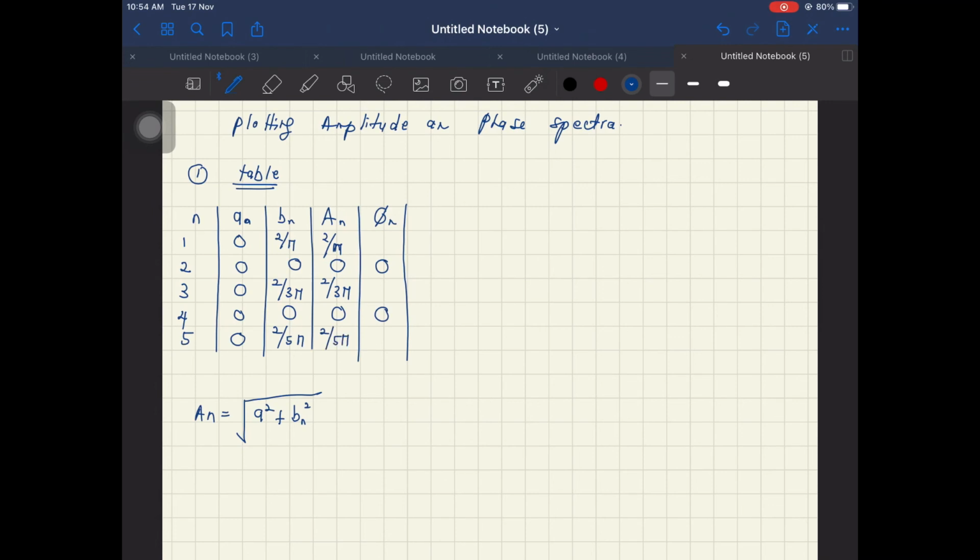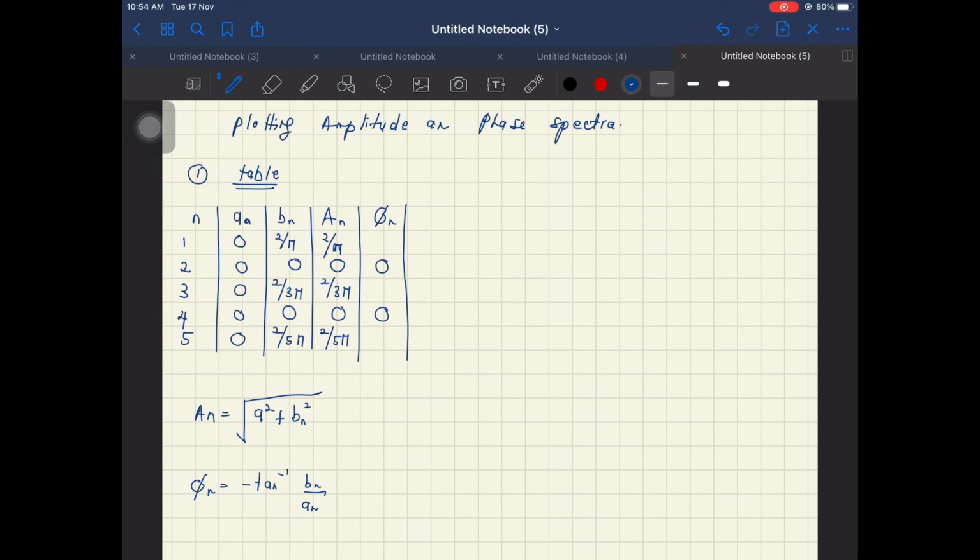Okay, now moving on for us to find theta_n. So in order to plot the phase spectrum, we are going to find theta_n. So the formula is negative arctangent of b_n over a_n. So just calculate that using your calculator.